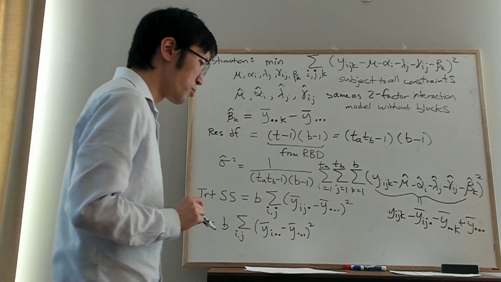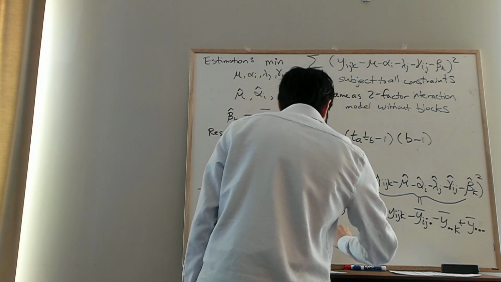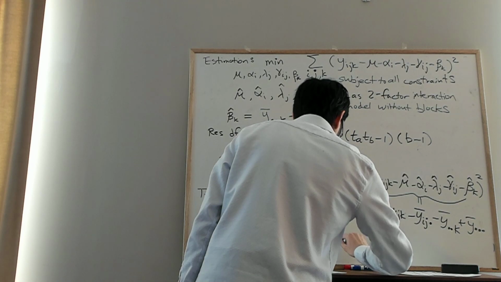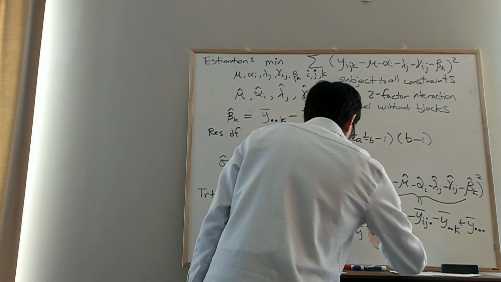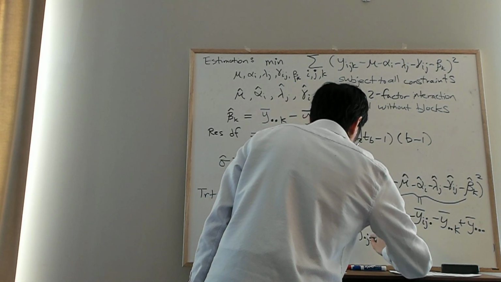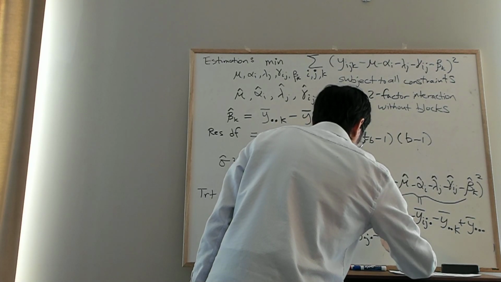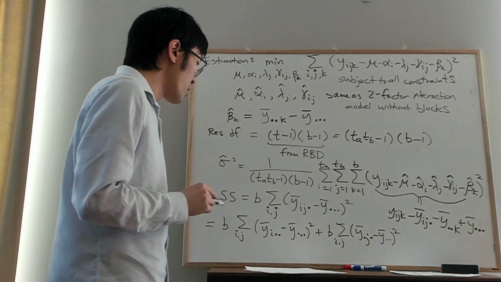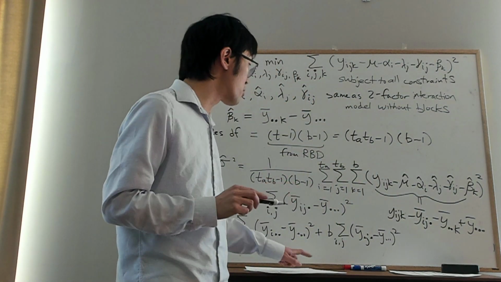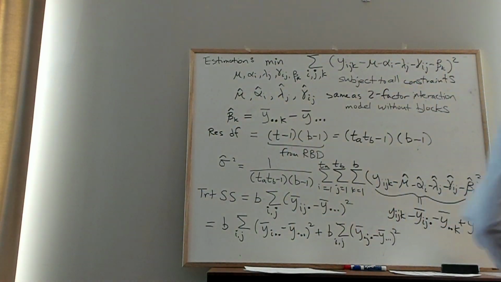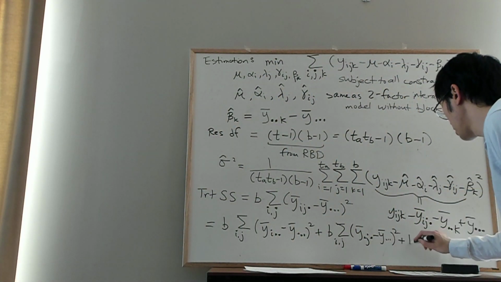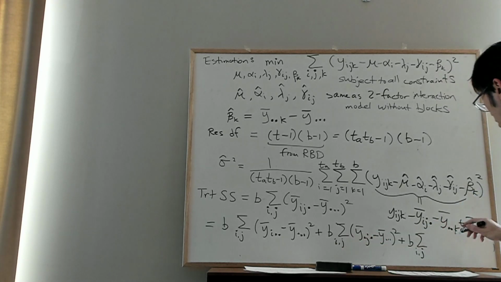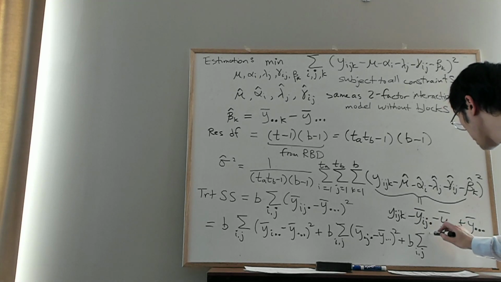And then the second term is for factor B, so now I have the average for the level of factor B. And then finally, the interaction term. So let's put it here plus, so let's see if I can fit the interaction term in here.